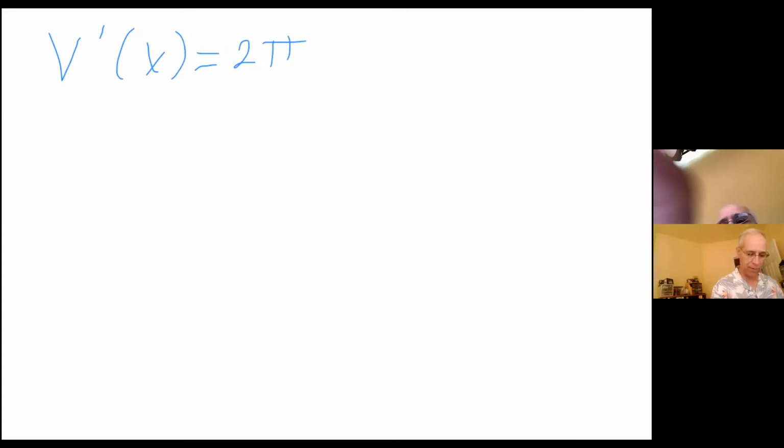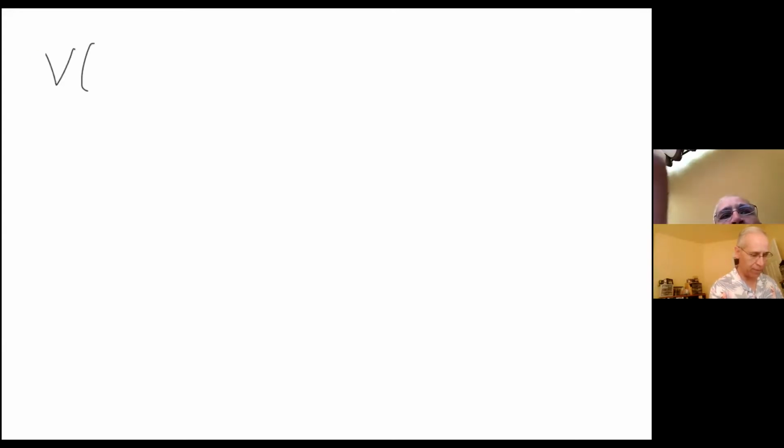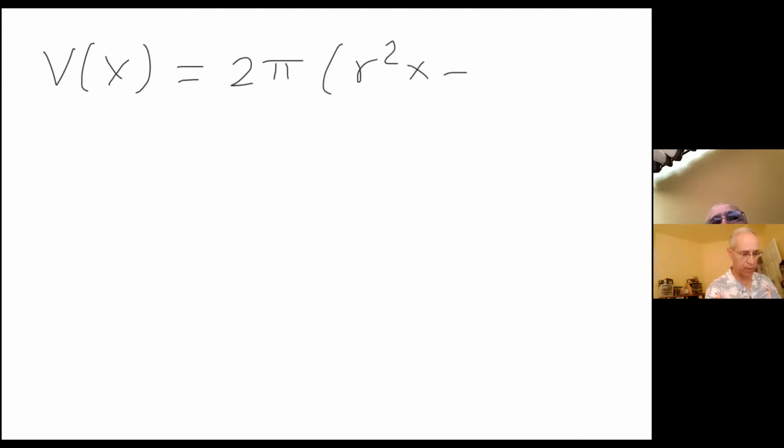Before taking the derivative, let's simplify that and say that volume as a function of x equals 2x times r squared times pi. Here's my 2 pi, then I have r squared x minus x times x squared. I have the 2 out, so this becomes x cubed.